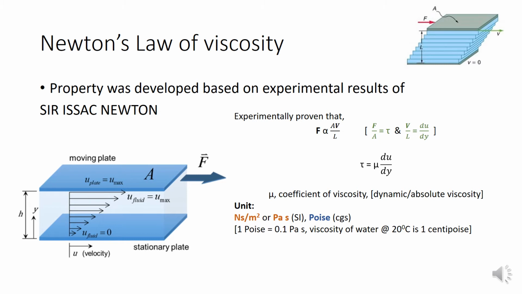Similar to that, the upper moving plate and the layer of fluid just adjacent to it will have the same speed, since it is assumed to be a no slip condition. So in such a condition you can see the speed varies as you move up from the stationary plate to the moving plate.